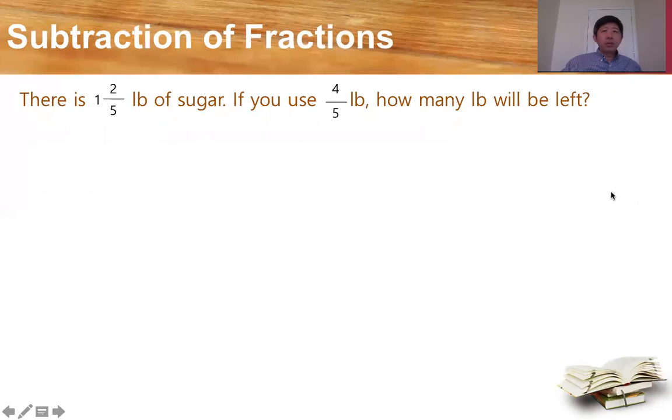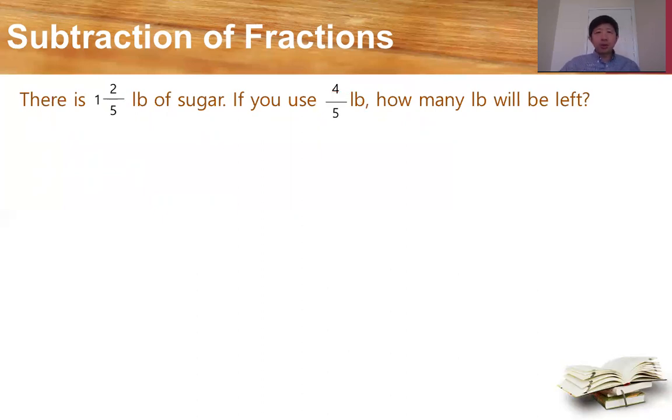Now what about subtraction? Now subtraction and addition will be the same. See this problem, there is 1 2/5 pound of sugar. If you use 4/5 pound, how many pounds will be left? All right. So we have 5 and 5 as the same common denominator.